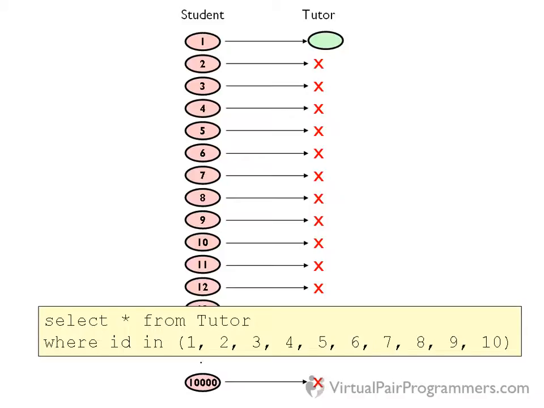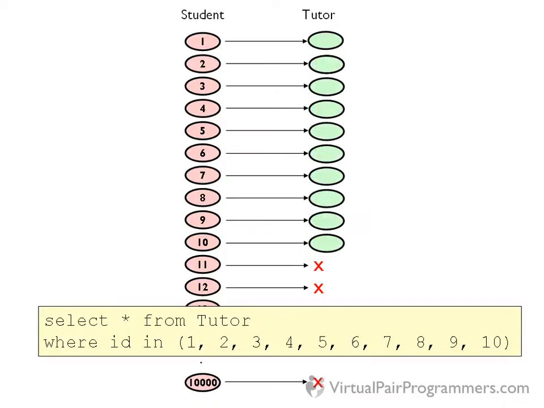So actually what Hibernate has done, even though we've only accessed the first tutor so far, is gone ahead and, with a single select statement, initialized the first 10 of those proxies. Now, technically, by the way, it can actually pick any of the proxies to initialize, but you'll find that it works through them by order of ID.